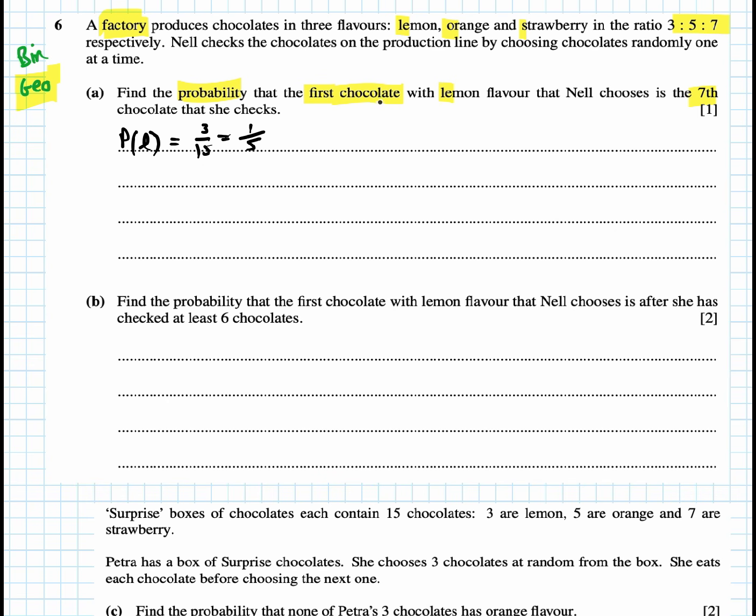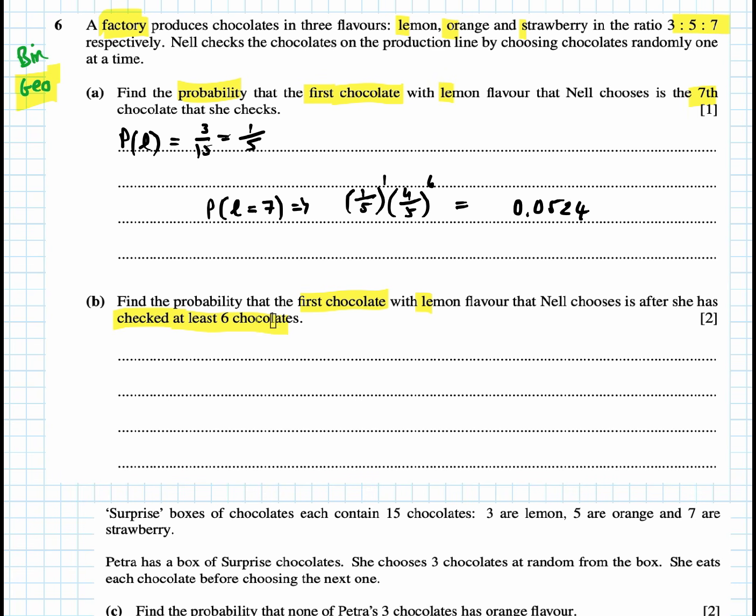And we just look at lemon now as the first thing. So it's 1/5 in terms of its ratio there. So we're going to do kind of like success times failure. So 1/5 times 4/5 to the power of 6. That's our formula for finding probability for geometric distributions.